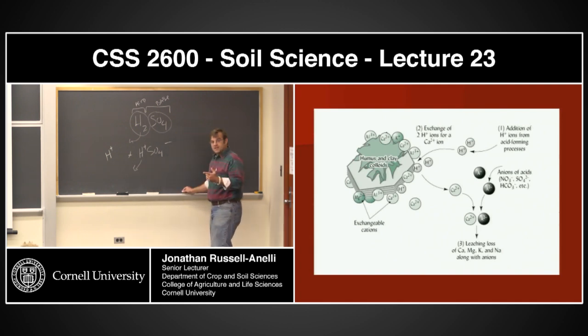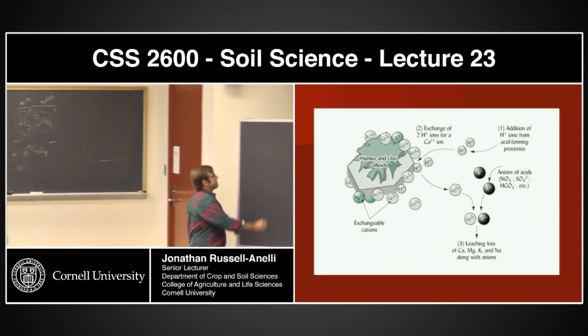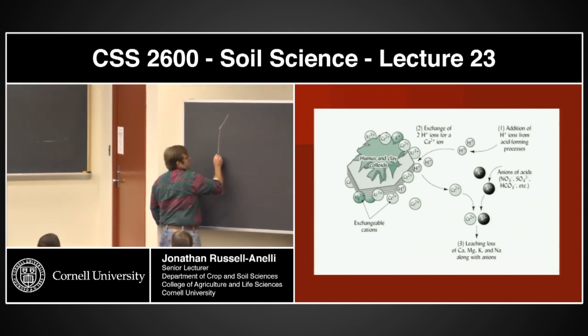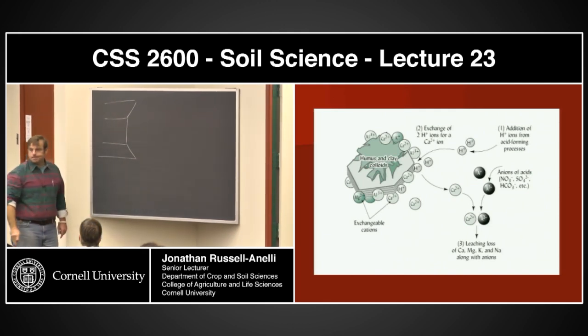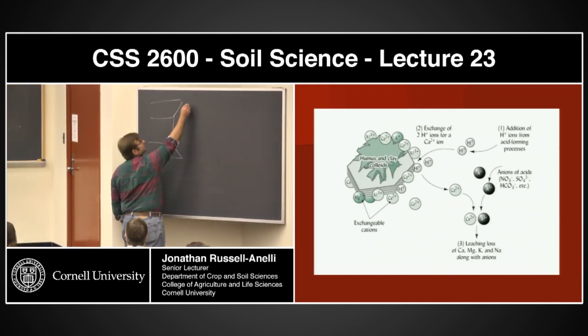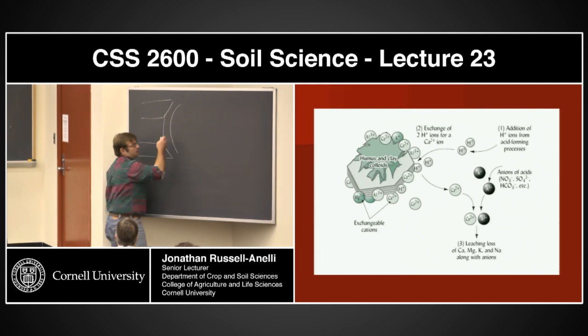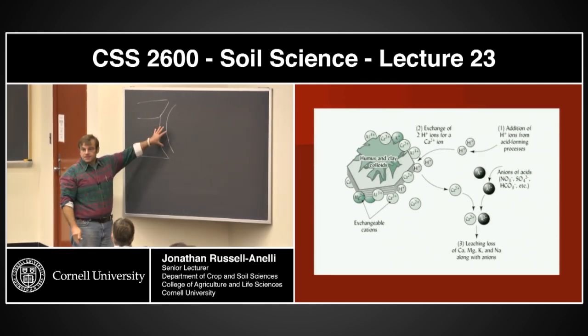Now, why do we call them base cations? Well, let's go back to that soil solution. Let's use it over here. Here's my colloid, right? Okay, and on this colloid, along here, there are going to be bases and protons attached to the cation exchange sites, right?